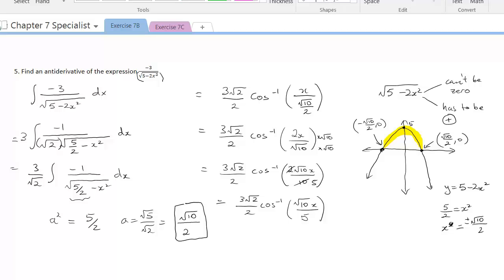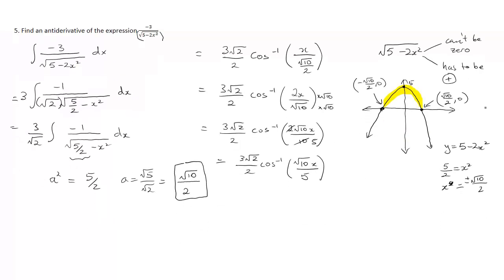So there is a reason for why the domain equation was what it was. You can see that the domain in this case, x would have to be an element from this value up to that value, because all of these values up here would give you a positive parabola.